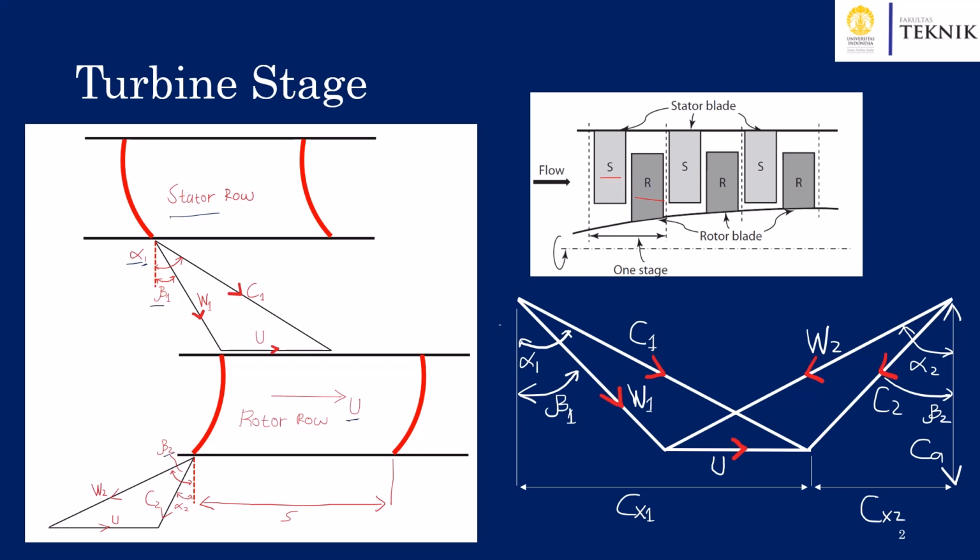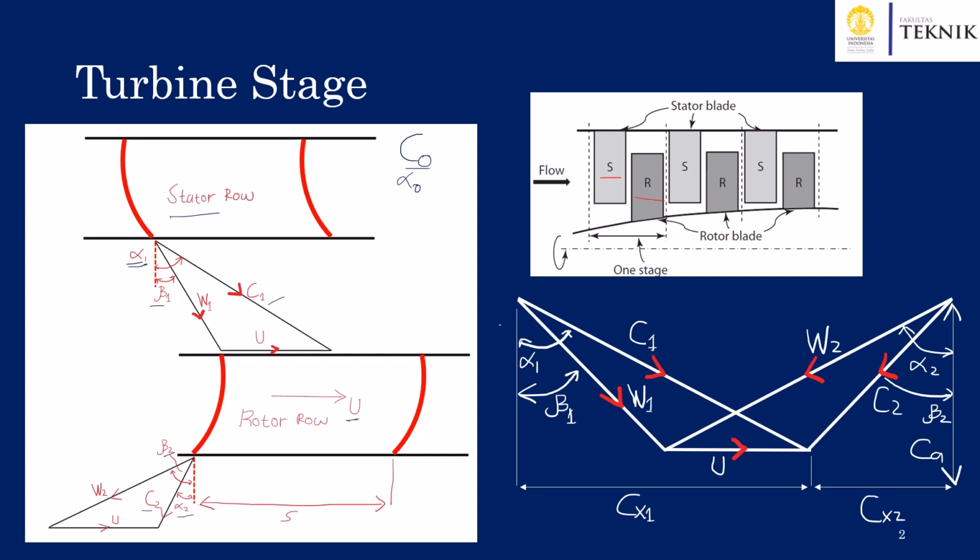First, let's assume that air enters the stator row at C0. This is the absolute velocity at the stator inlet at an absolute angle of alpha 0. And then the air leaves the stator at absolute velocity C1 at absolute angle alpha 1. It moves through the rotor blades, and then it leaves the rotor at absolute velocity C2 and absolute flow angle alpha 2.